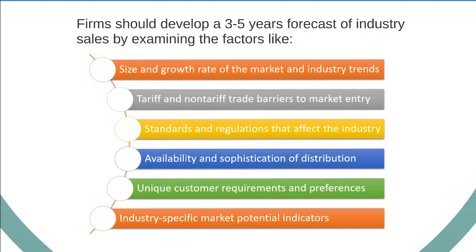Of course, there will be the marketing issues. And finally, are there any industry-specific market potential indicators? Personally, I think the last one is the most important indicator when you assess and screen the countries in the industry level analysis.